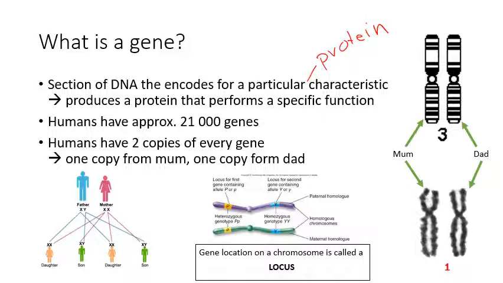For example, your blood type, your eye color, your hair color, lactose intolerance, or the ability to digest lactose, those sorts of things. A reminder that in humans, we obviously have 2 copies of every gene. And the reason that humans have 2 copies of every gene is that we are inheriting 1 copy from our mum and 1 copy from our dad.